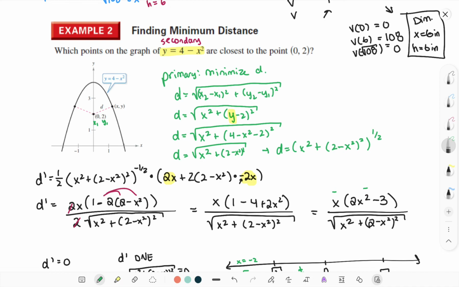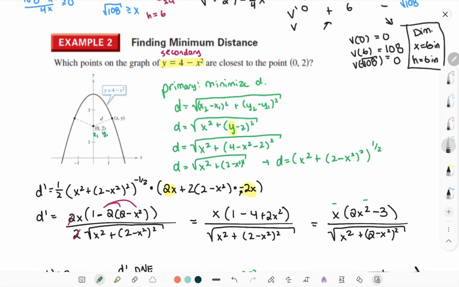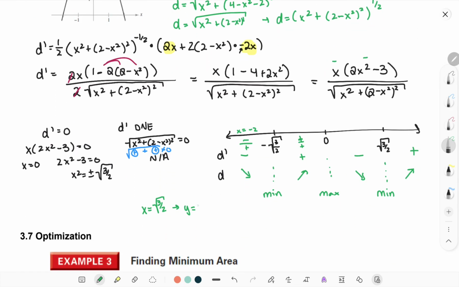But again, both of these are talking about x and y. So y equals 4 minus x squared, root 3 over 2 squared is going to be 4 minus 3 over 2, which is going to simplify to about 2.5, right? It's going to be 8 minus 3, so 5 over 2.